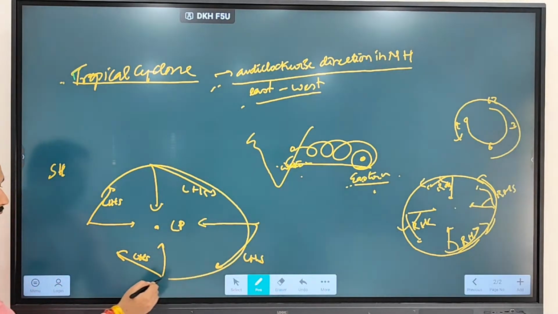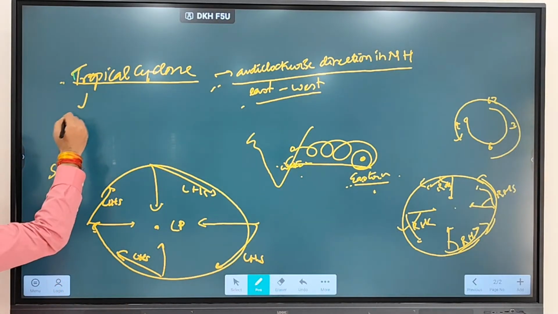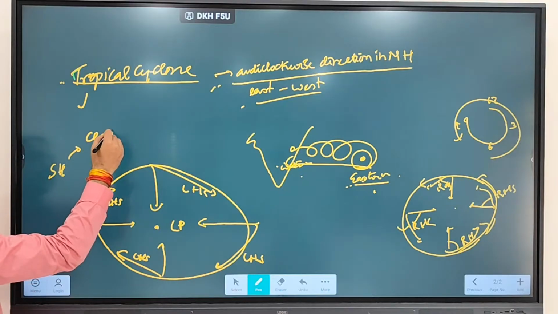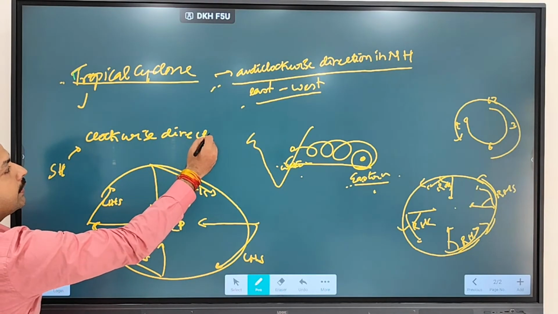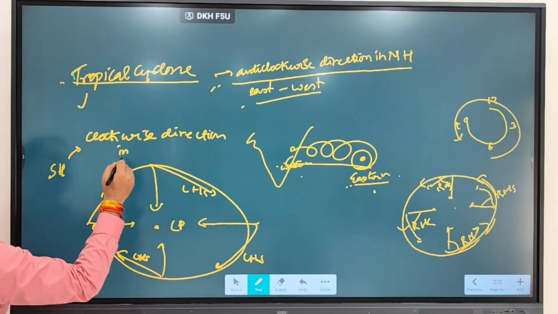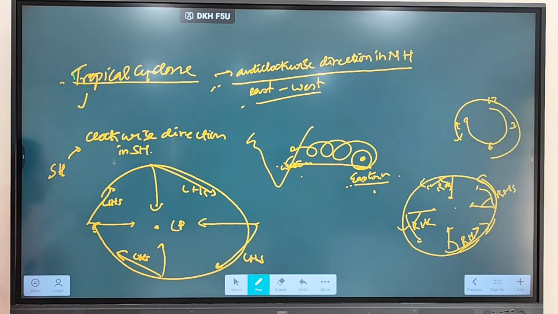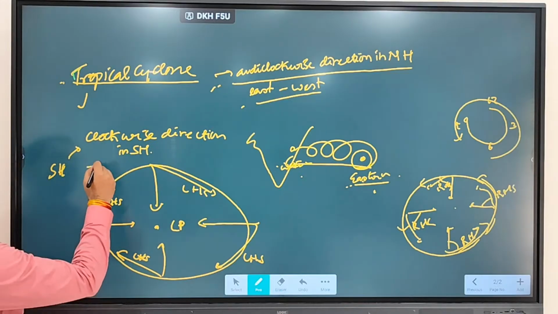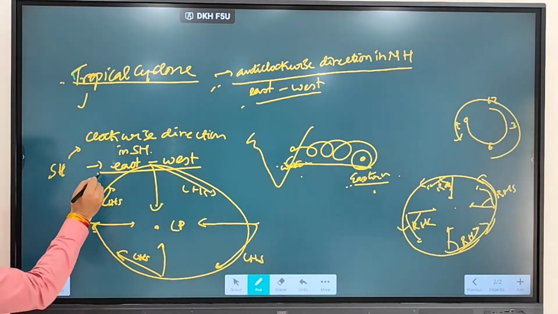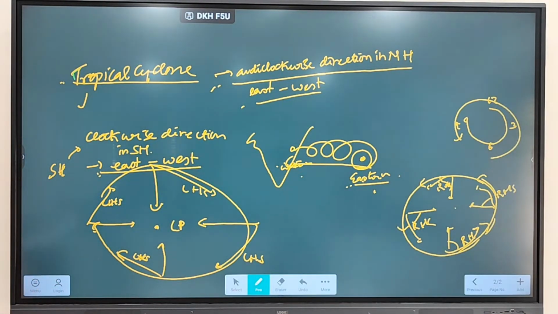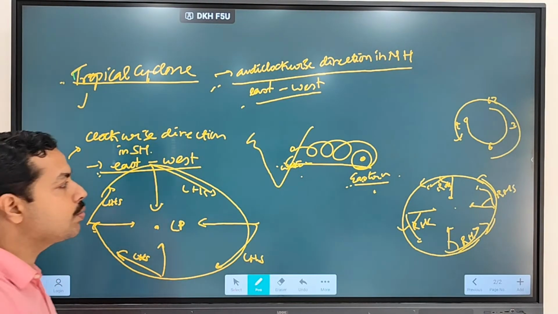Clockwise direction. So a tropical cyclone moves clockwise in the southern hemisphere. But they will be moving from east towards west. Even here also, from east towards west.